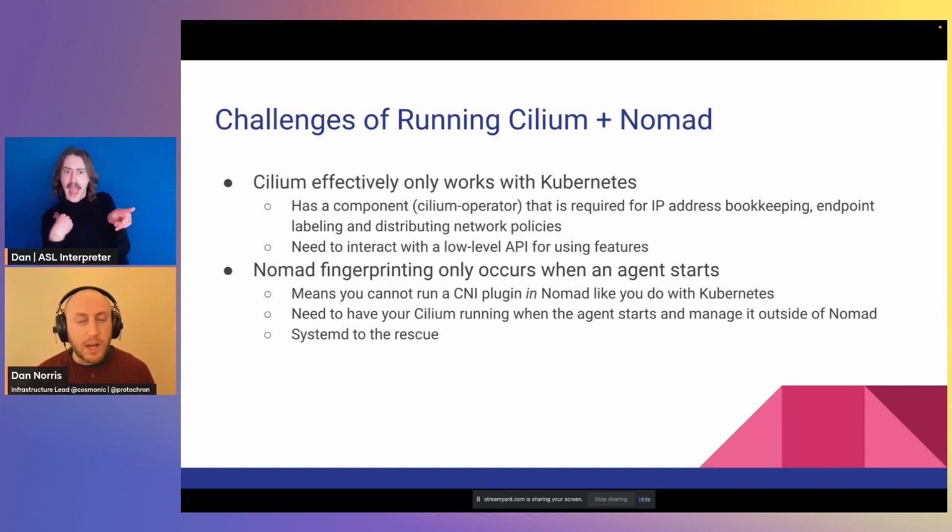And with CNI, it's the same thing, right? When the agent starts, it profiles and finds that a CNI is available. What that means for us as operators of Nomad is that you have to make sure that Cilium is running before Nomad starts. I'm going to spend a bit of time talking about how we solve that. And spoiler alert, it's systemd. But we'll go into some more detail in a bit.